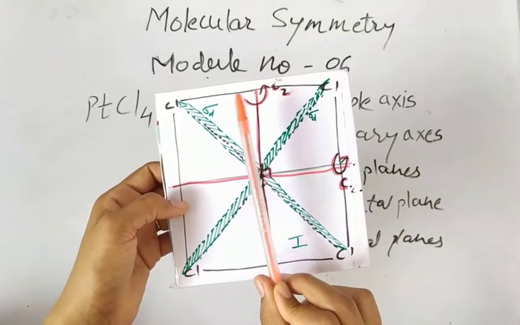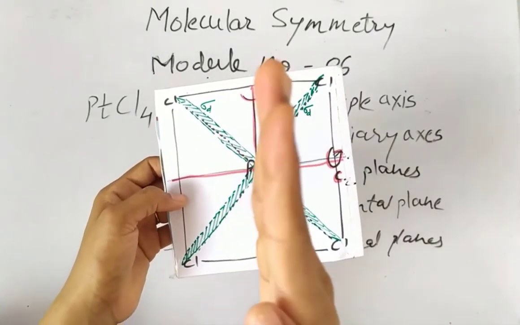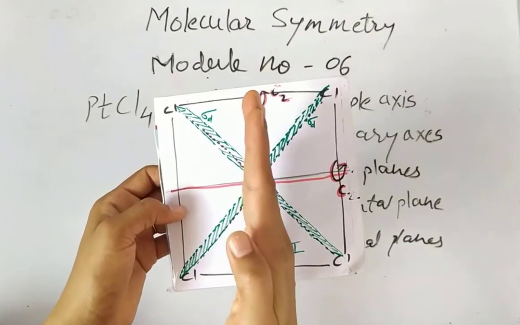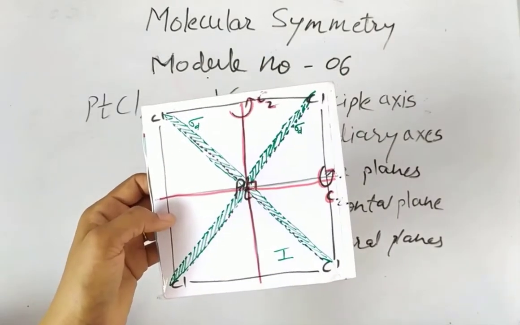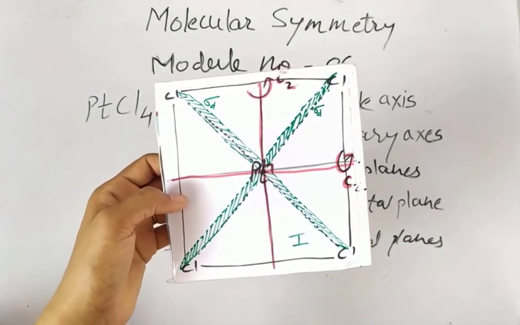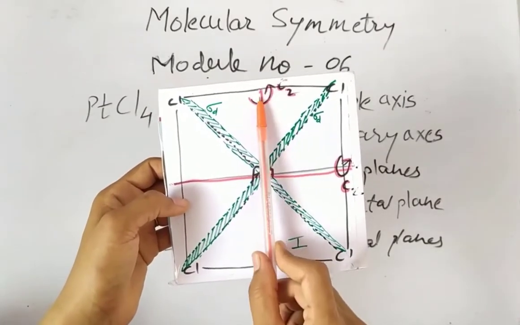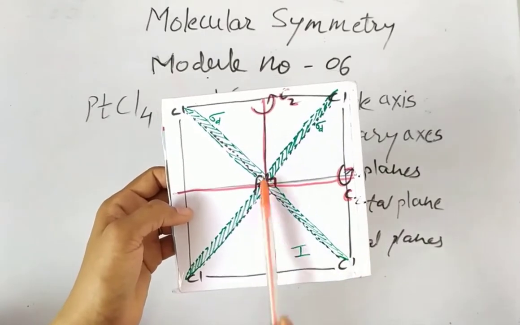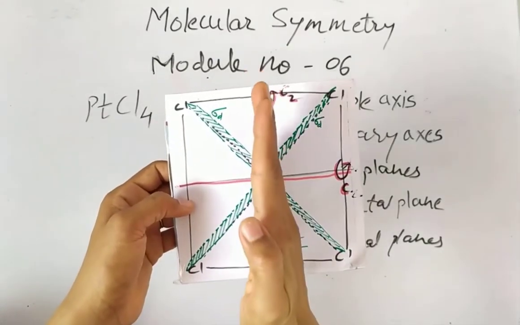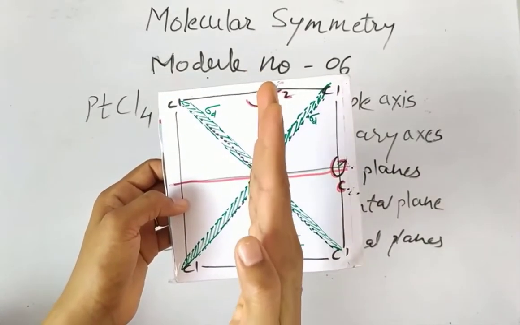From the same place, if you are passing a plane, then it becomes the vertical plane. Okay, don't get confused. From the same place, if a line is passed, it will become axis. From the same place, if a plane will be passed, that will become vertical plane.